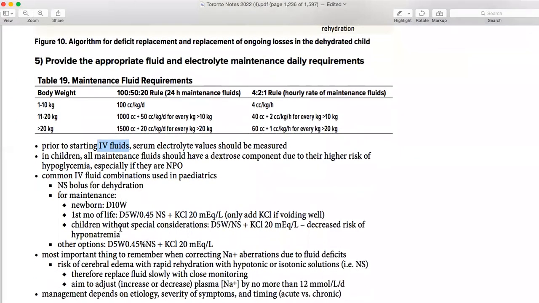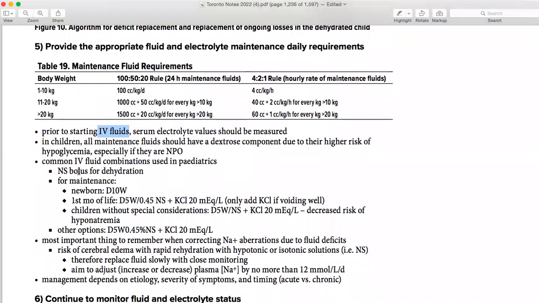Then the common IV fluid combination used in pediatrics is basically normal saline with dextrose 10 or dextrose 5 in the first month of life. This is written as the maintenance fluid. If your patient is coming in, you are going to give the bolus, but dextrose only when NPO. If they said they were giving food, as in most cases, you start with a normal saline bolus, and then for maintenance you can give dextrose.